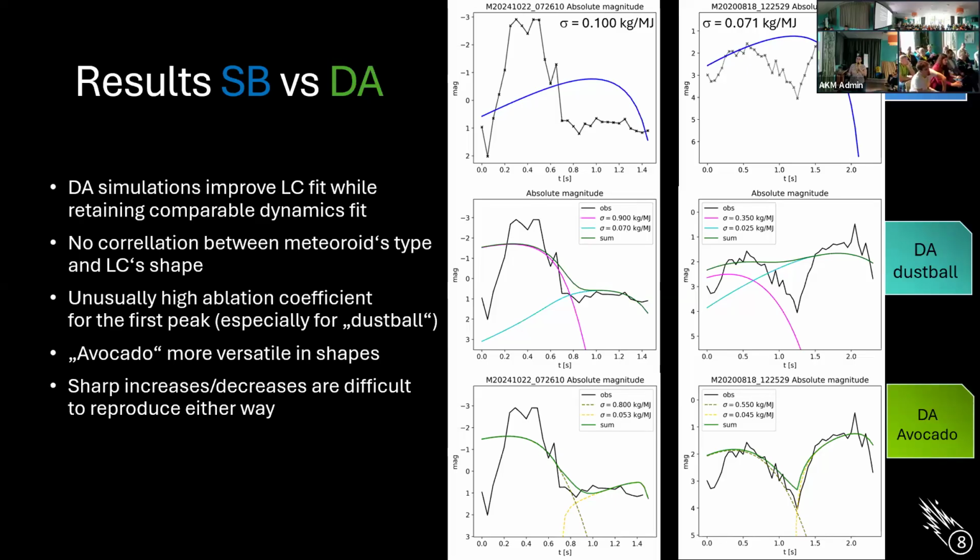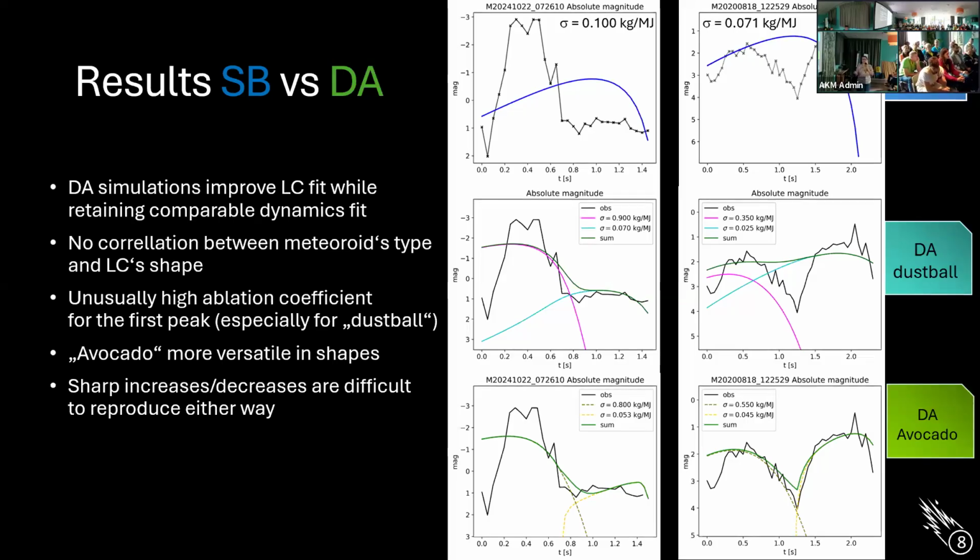Pretty surprising is that even in the avocado model, the difference between the ablation coefficients had to be really big, and also the values were not very standard. In usual meteors, they should be much smaller. So that seems to be a problem with the model somehow that we need to test later.